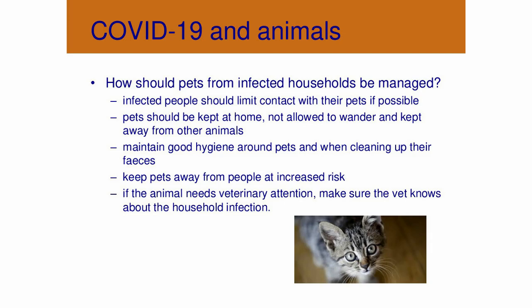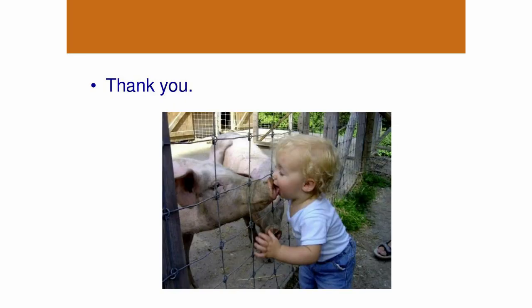However, it does make sense to take simple steps to protect pets from infected people and to keep exposed pets from infected households away from other people and other pets. But to keep the risk in context, the main risk to human health is from contact with infectious people. So that's all I'm going to say for now. Thank you so much for the opportunity to talk to you.